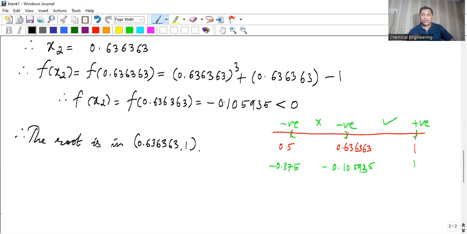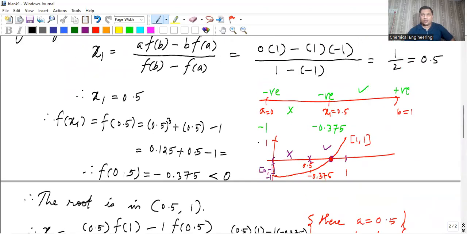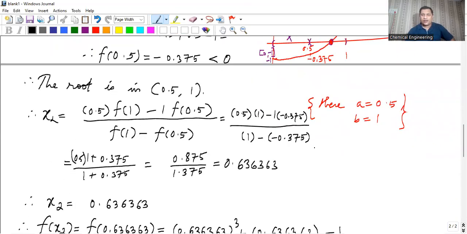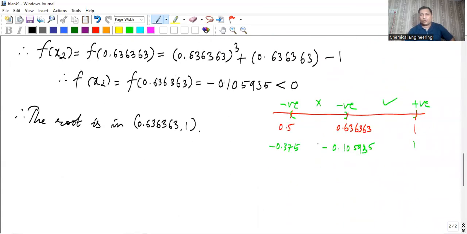This way we have to keep on updating. Earlier the interval was 0 to 1, then we updated to 0.5 to 1, then now to 0.6363 to 1. And hence we have the third iteration.